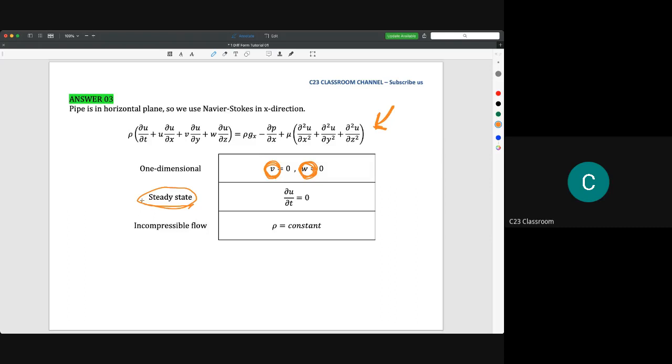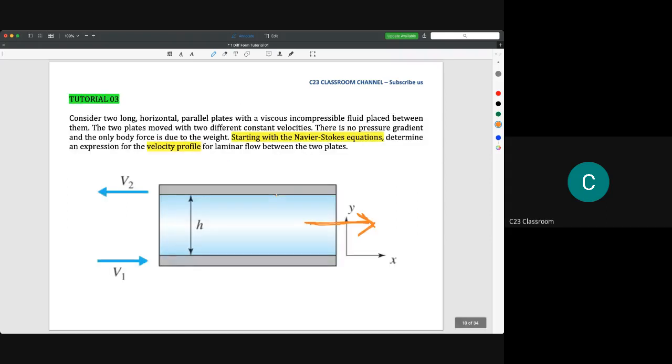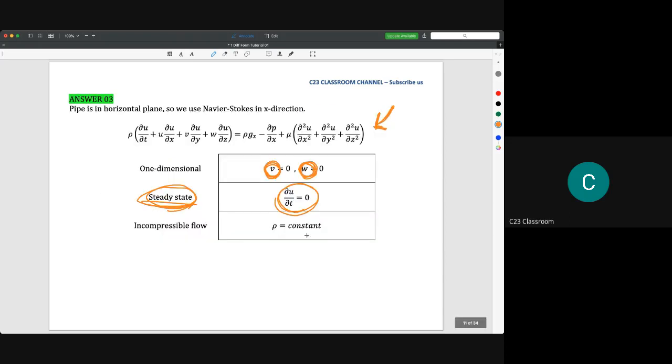So for steady flow, we could take du dt is equal to 0. Okay, and then again in the question, it is mentioned here is incompressible. So incompressible means the rho is constant. Please be careful. Rho is constant is not equal with rho equal to 0. There is no rho equal to 0.